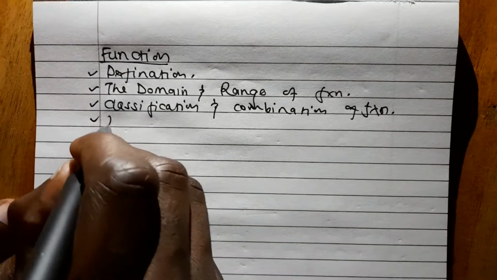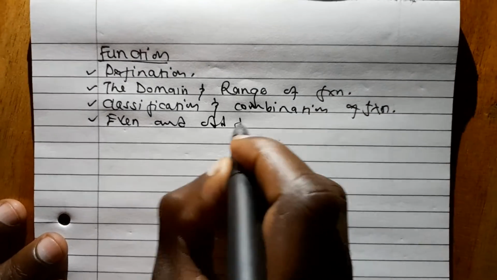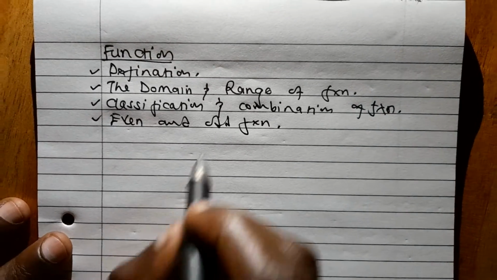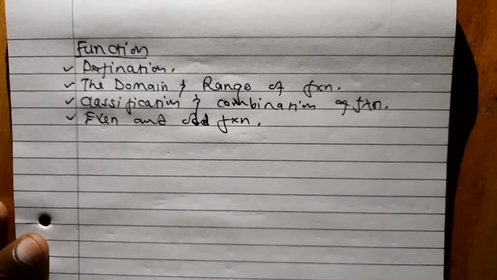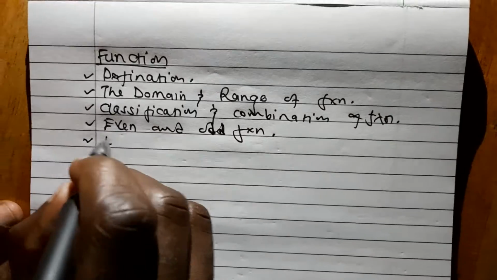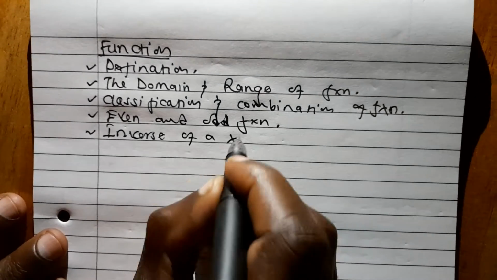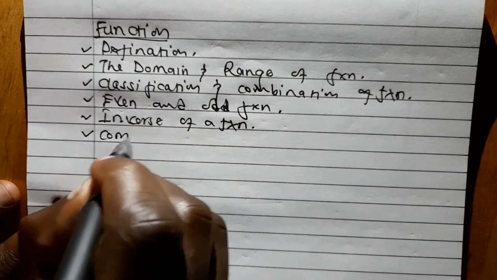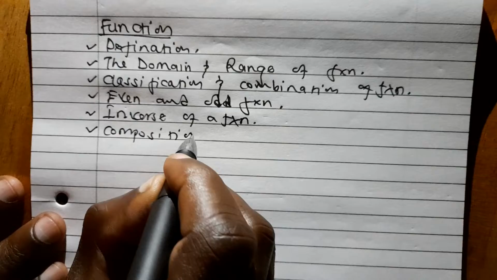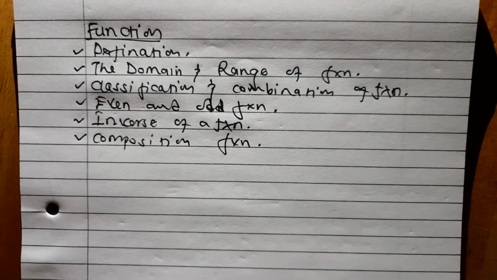We'll also discuss even and odd functions, that is when a function is said to be odd and when a function is said to be even. We will also discuss the inverse of a function. We will also discuss composition of functions.